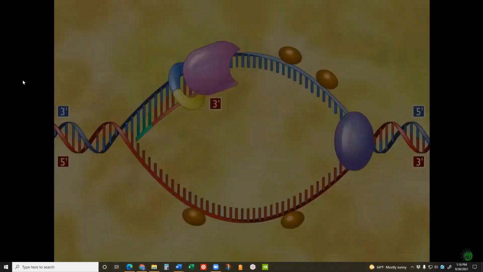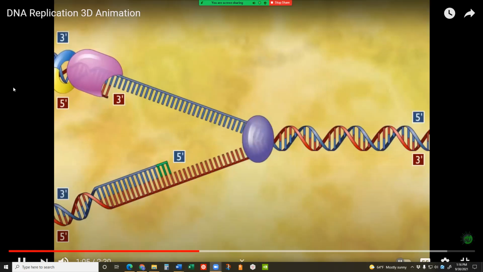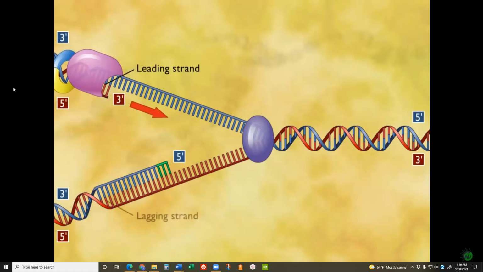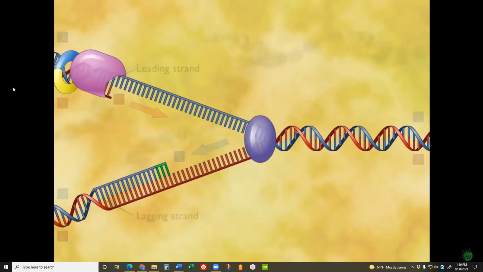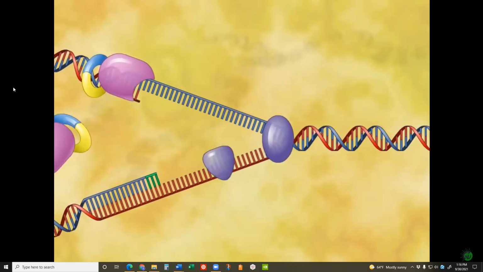Because the 2 parent strands of DNA are antiparallel, they are oriented in opposite directions and must therefore be elongated by different mechanisms. The leading strand elongates toward the replication fork by adding nucleotides continuously to its growing 3' end. In contrast, the lagging strand, which elongates away from the replication fork, is synthesized discontinuously as a series of short segments called Okazaki fragments.